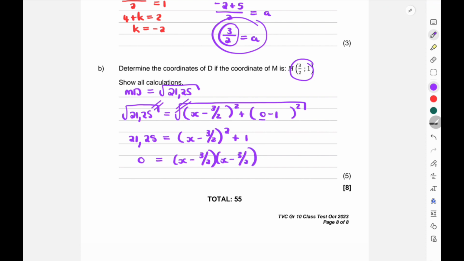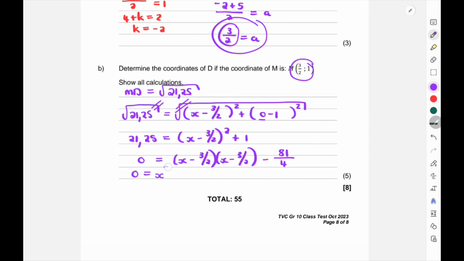I'll do it a little bit slower. So 1 minus 21.25 gives you -81/4. Let me just make sure. -81/4. Okay, so now we're going to finish.